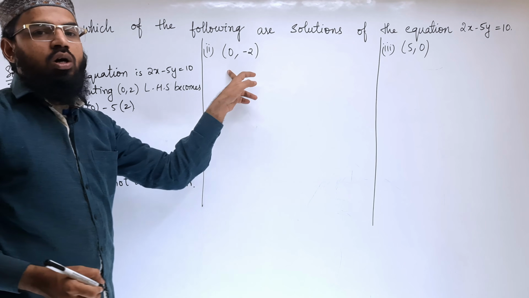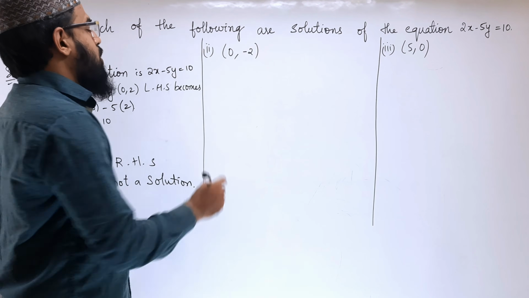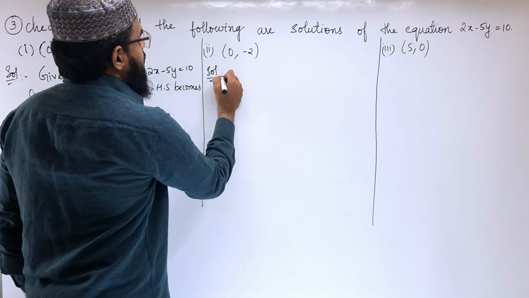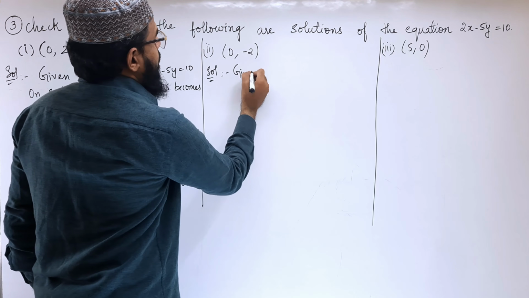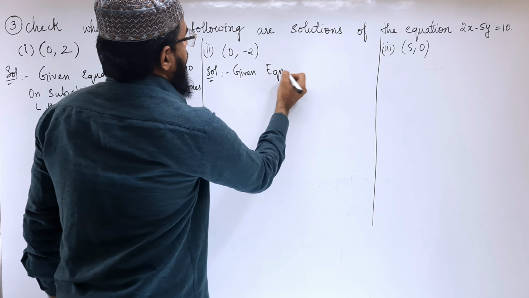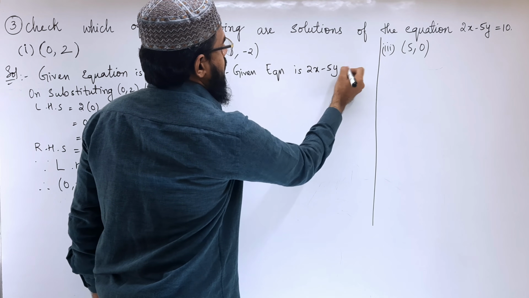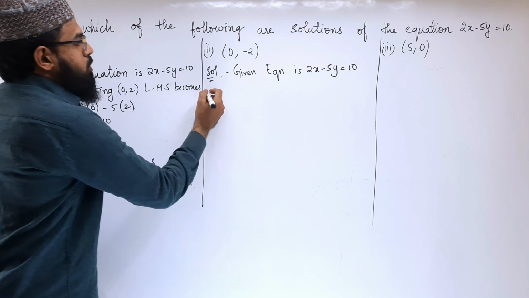Next we are having (0, minus 2). Let us substitute this. So we know the equation. In solution, let us write the given equation. So the equation is 2x minus 5y is equal to 10. Let us substitute.